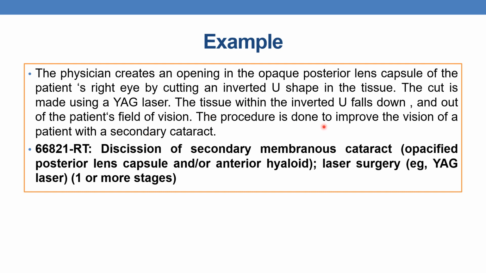The tissue within the inverted U falls down and out of the patient's field of vision. The procedure is done to improve the vision of the patient with a secondary cataract. So here the CPT is 66821 along with RT modifier to indicate the right eye, right side. Discission of secondary membranous cataract by laser surgery, for example, YAG laser.